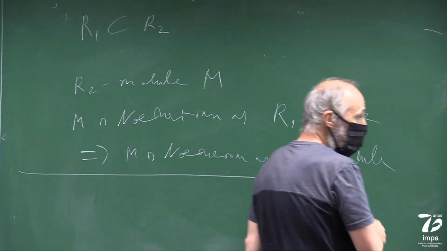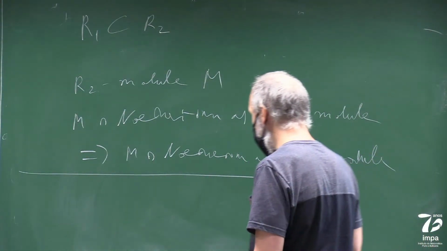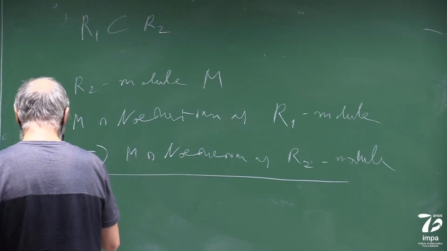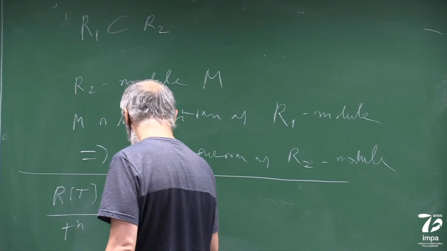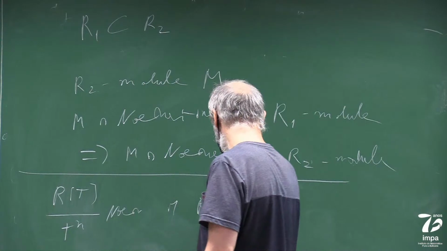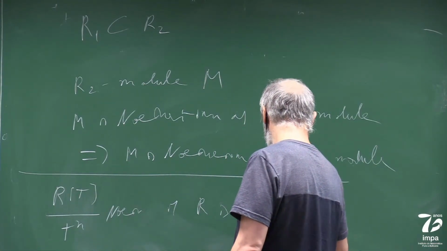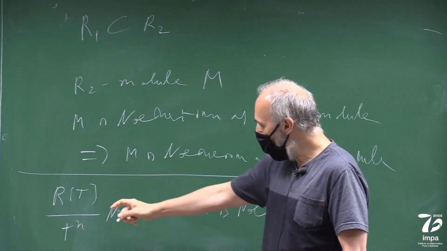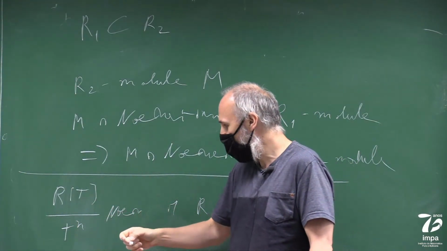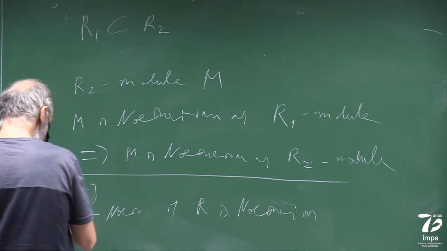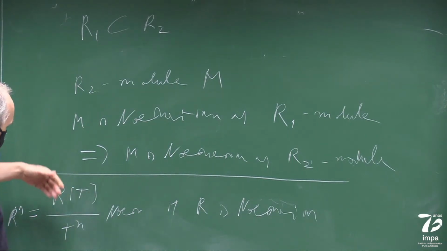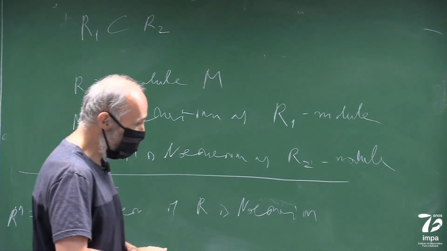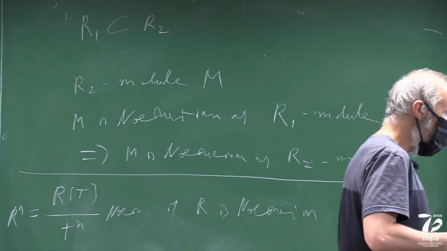And there is something I will use at some point: R[t] quotient by t^n is Noetherian if R is Noetherian. Of course, we want it for R[t], but at least we have this small part, because this is R^n, and R^n is a Noetherian module. It's even Noetherian over R, so it's definitely Noetherian over R[t]. Okay.